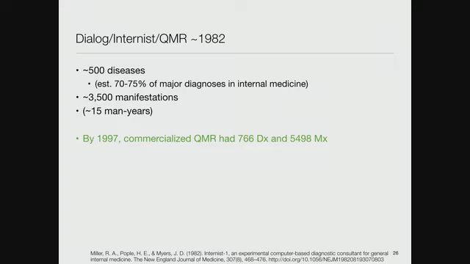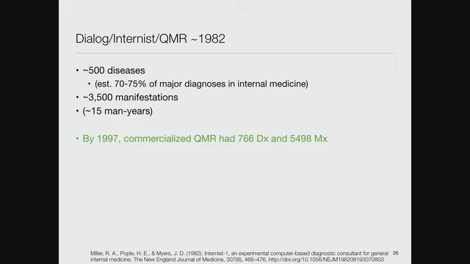The effort was led by a computer scientist at the University of Pittsburgh and the chief of medicine at UPMC, the University of Pittsburgh Medical Center, who was just a fanatic, and he got all the medical school trainees to spend hours and hours coming up with these databases. By 1997, they had commercialized it through a company that had bought the rights to it, and that company had expanded it to about 750 diagnoses and about 5,500 manifestations.